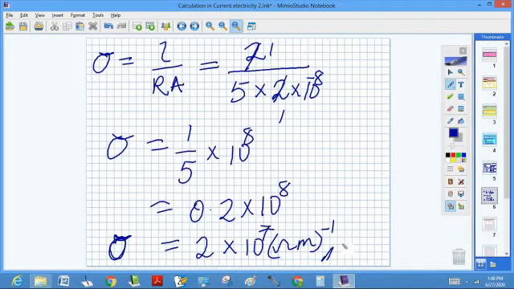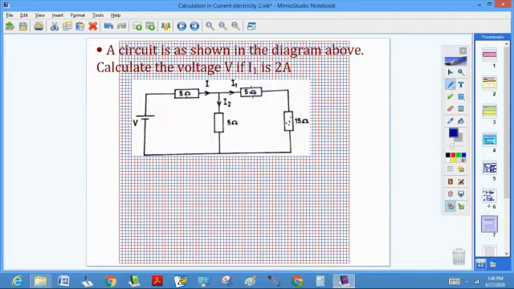Is equal to that. So moving ahead, next question, which says a circuit is as shown in the diagram below. Calculate the voltage V if I1 is 2 amperes.